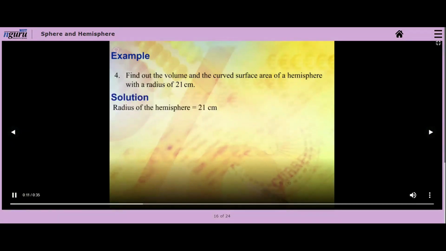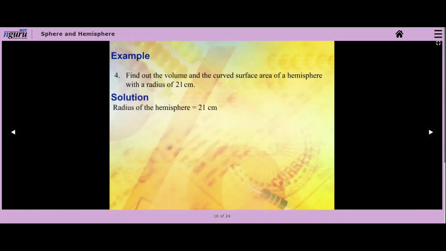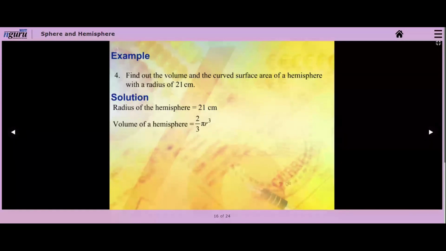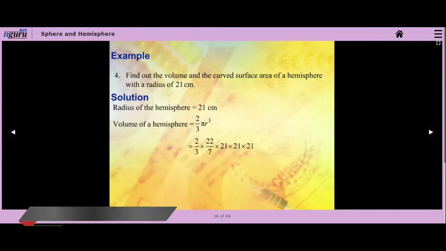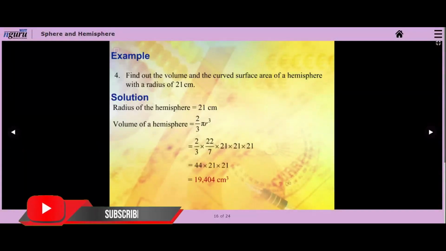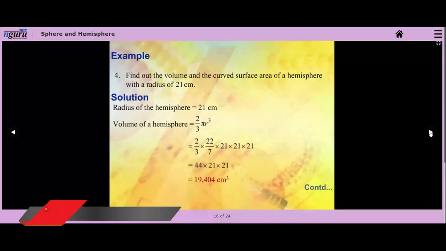It is given that the radius of the hemisphere is 21 centimeters. We know that the volume of a hemisphere is equal to 2 upon 3 pi r cube. In the formula, put the value of r as 21. We find that the volume of the hemisphere is equal to 19,404 cubic centimeters.